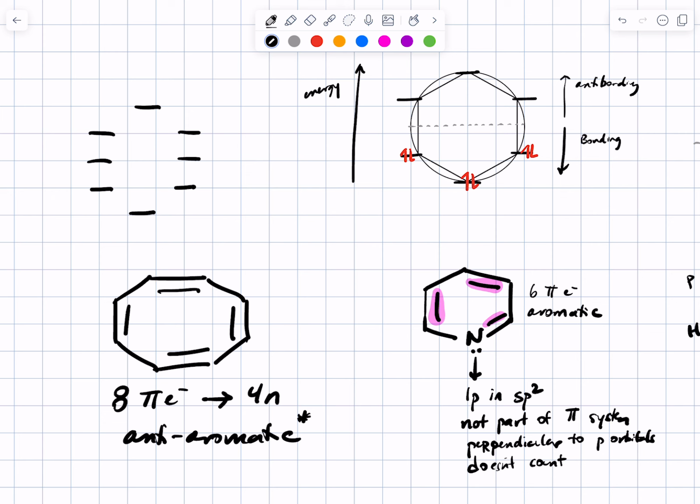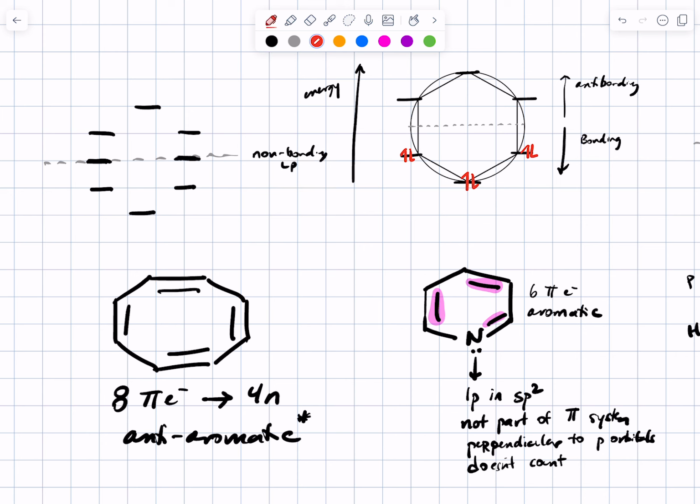Now the way the geometry works out, that degenerate pair of middle orbitals, if we did this via the inscribed polygon method, you would see that those two orbitals in the middle lie right along the interface between bonding and anti-bonding orbitals. This is roughly the energy of non-bonding lone pairs.